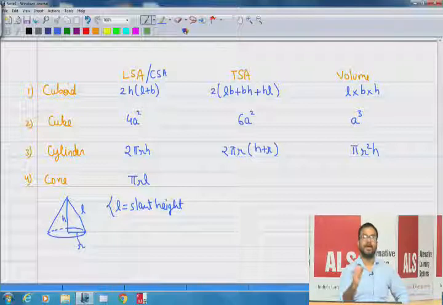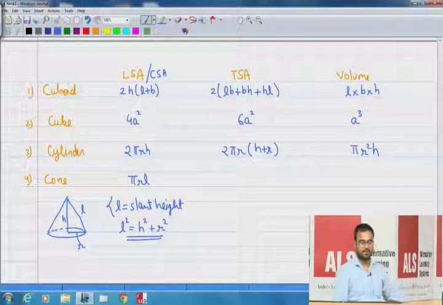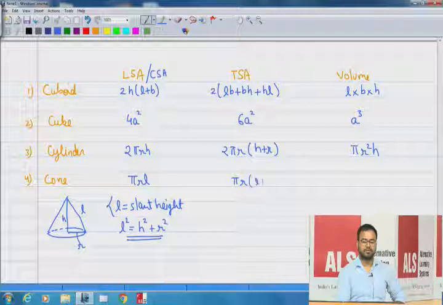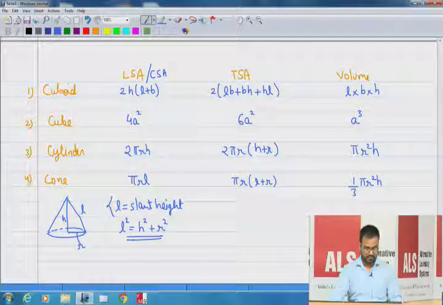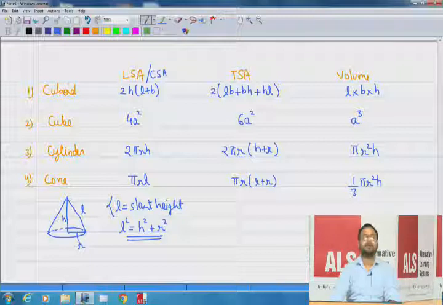The relationship between L, H and R by the Pythagoras theorem is L square equals H square plus R square. The total surface area will be curved surface area plus the area of the circle at the bottom, pi R(L plus R), and the volume is 1 by 3 pi R square H. Note down up till here.